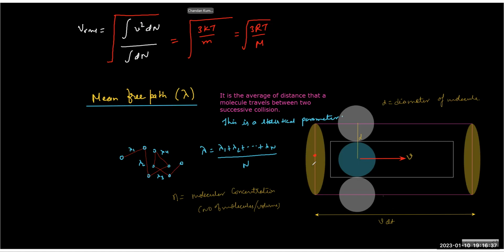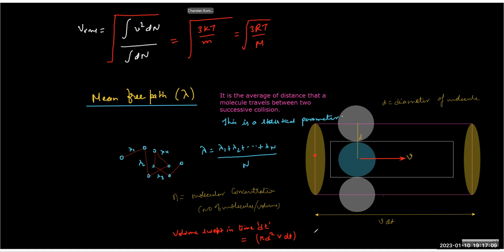The volume swept is pi d square V dt. So can we write the volume swept in time dt equals pi d square into V dt? Tell me, is this clear?